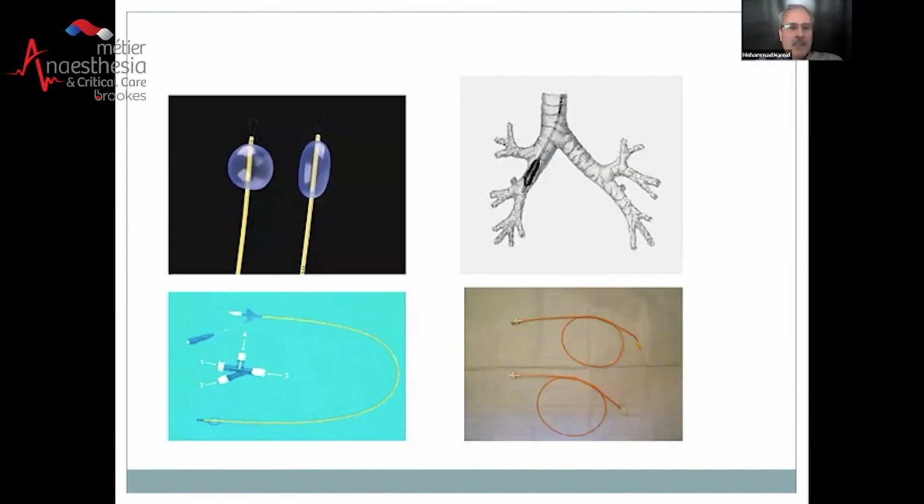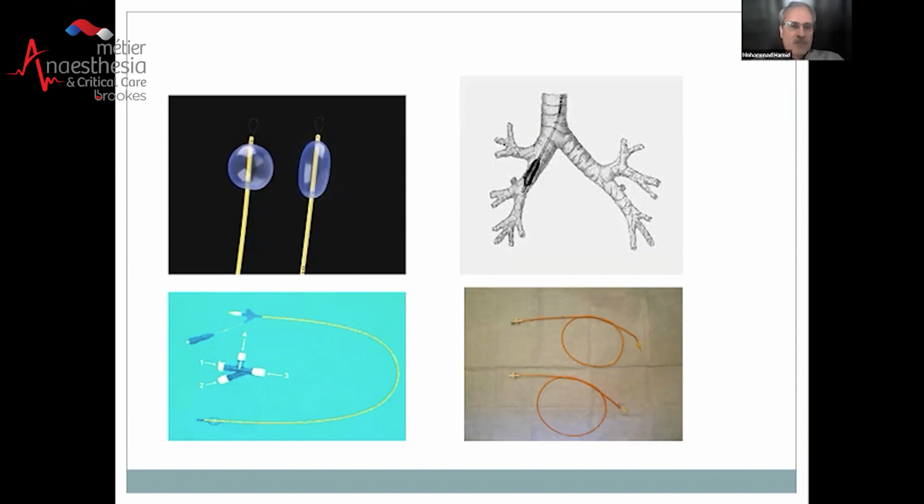The other is bronchial blockers. Bronchial blockers are basically small catheters, Foley-like catheters. Foley's catheter has also been used as a bronchial blocker in thoracic surgeries. Fogarty catheters, and there are other catheters which can be used as a tube to block a particular lung.